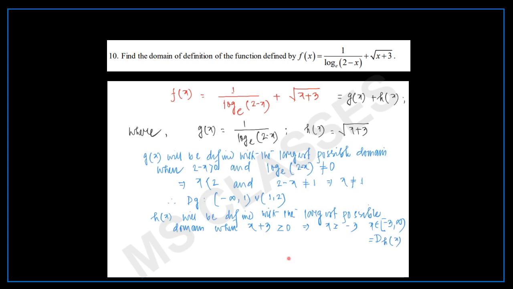Now, to get the domain of f(x), we will take the intersection part. So it is better if you take a number line and understand. Here the critical points are 1, 2, minus 3. So we take the values from minus 3 to infinity. Now from minus infinity to 1, open, and then from 1 to 2.